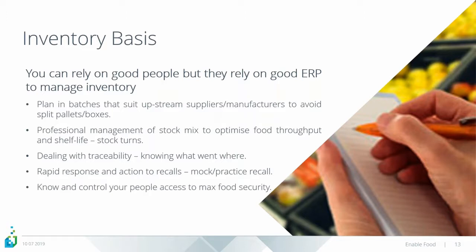Know and control your people access to maximize food security. You have to be sure that you're not letting the wrong people into anywhere where there is food. Unfortunately, you have to let people in a retailer because we shop, so we all get let in. But up until that point, there's a lot of access control to make sure that food doesn't get stolen or tampered with.